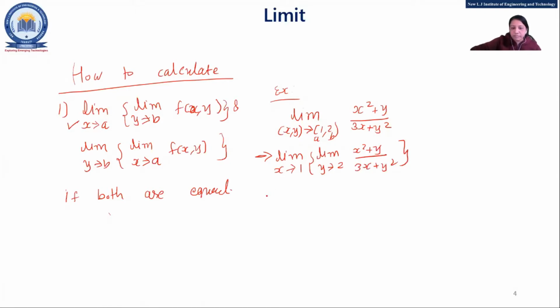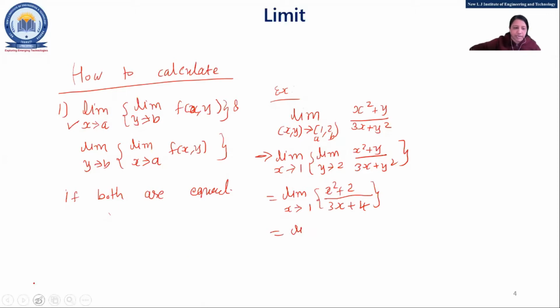So this will be limit x tends to 1. Now put simply y equal to 2. So I'll get x square plus 2 upon 3x plus 4. Now x equal to 1, so I'll directly write the answer.